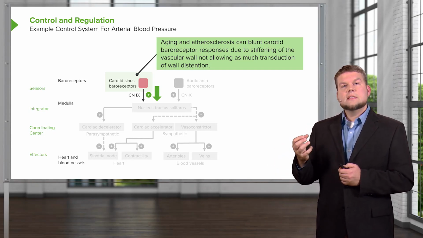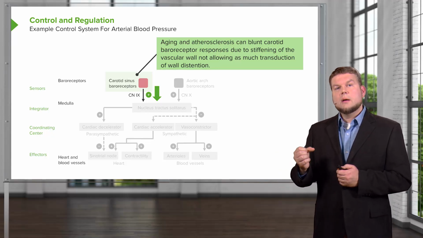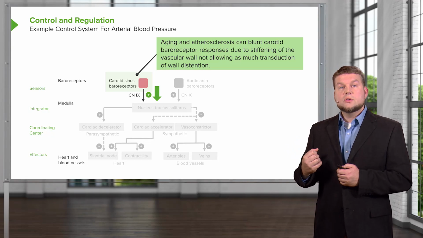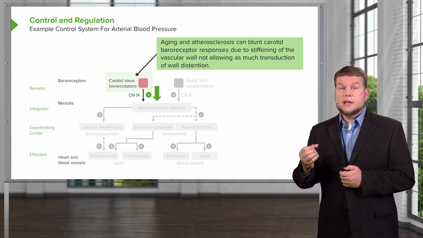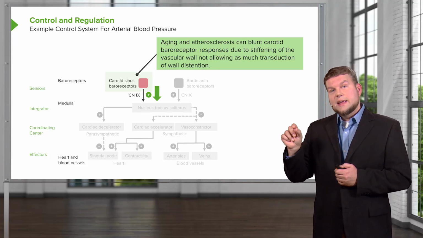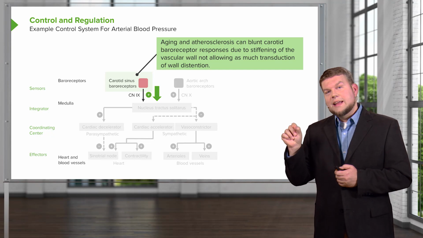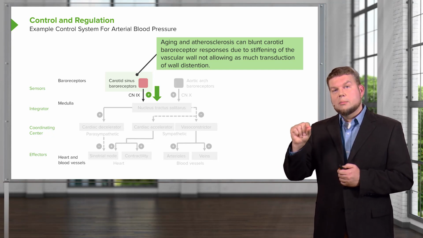If a vessel wall is stiffer, it doesn't distend as much or become bigger in response to changes in blood pressure. So if blood pressure goes up, it should stretch the blood vessel. If it stretches the blood vessel, it impacts the nerve that's right around that blood vessel.